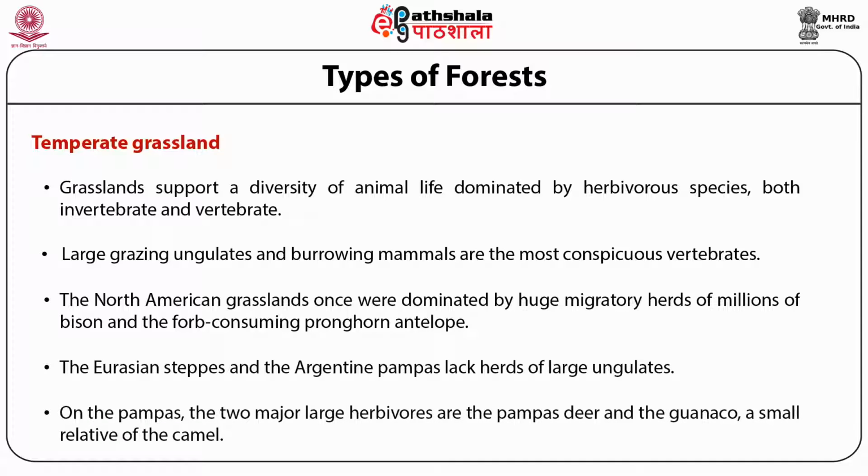On the pampas, the two major large herbivores are the pampas deer and the guanaco, a small relative of the camel. These species, however, are greatly reduced in number compared to historical times.